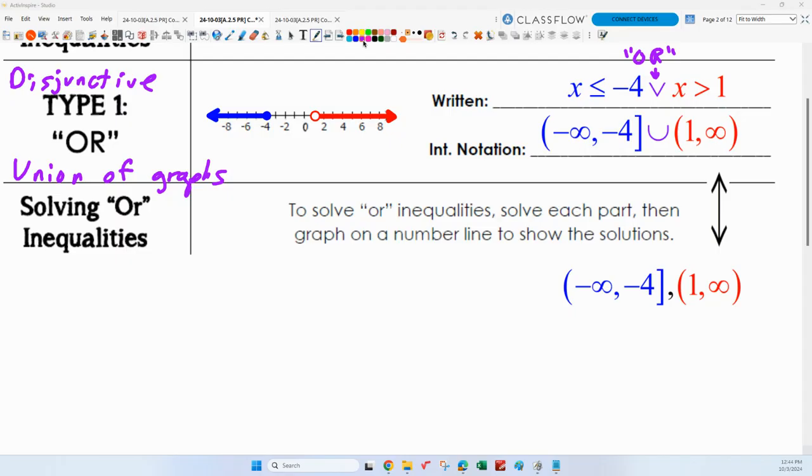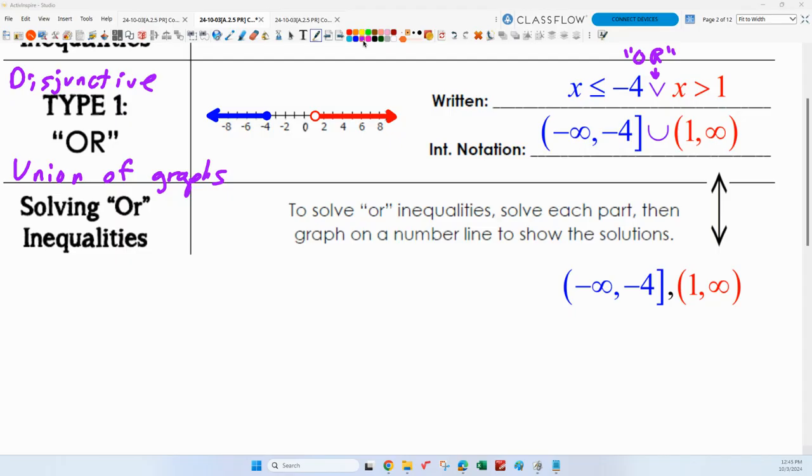Well, what do we do? We just graph both of those. If we graph the blue inequality, x is less than or equal to -4, isn't it just that one right there? We got a closed endpoint at -4. Why is it closed? Everybody, why is that closed? Because it includes equals, so it's closed. And we want the values less than, meaning left of, -4.